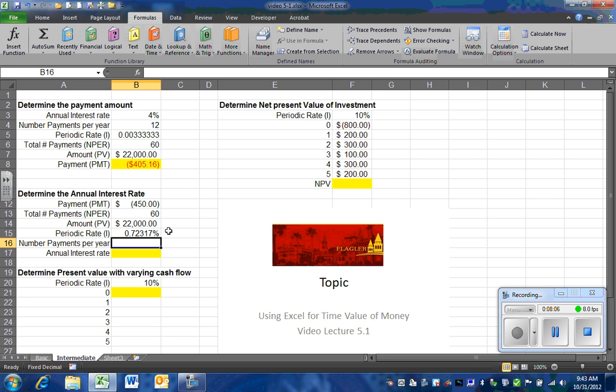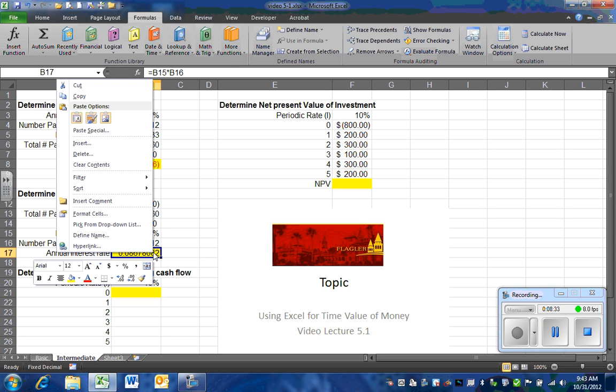Remember, that's the periodic rate, in effect, the monthly rate, since the number of payments is based on a monthly schedule. So to figure out the actual annual rate, we'll put in the number of payments per year, and we'll take the periodic rate and then multiply it by the number of payments.